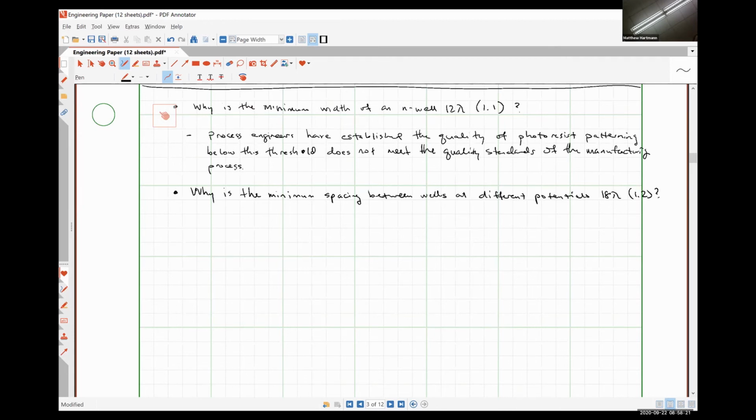So if we looked at the cross-sectional view of a substrate containing two wells, so let's say that we have one N well here and another N well here.